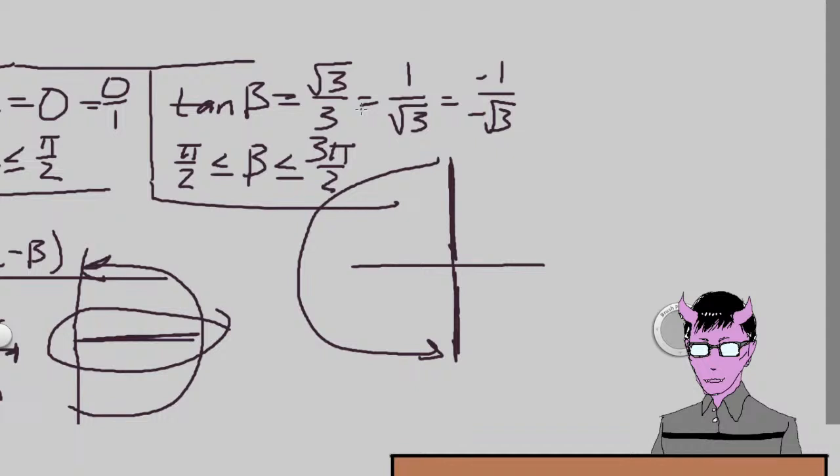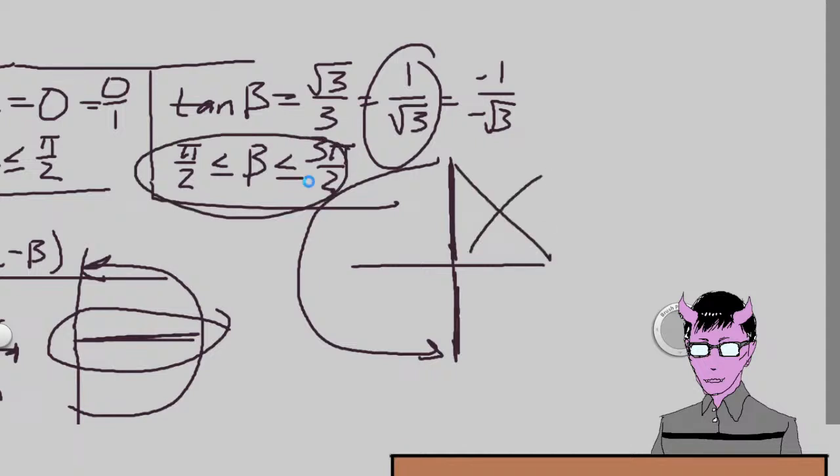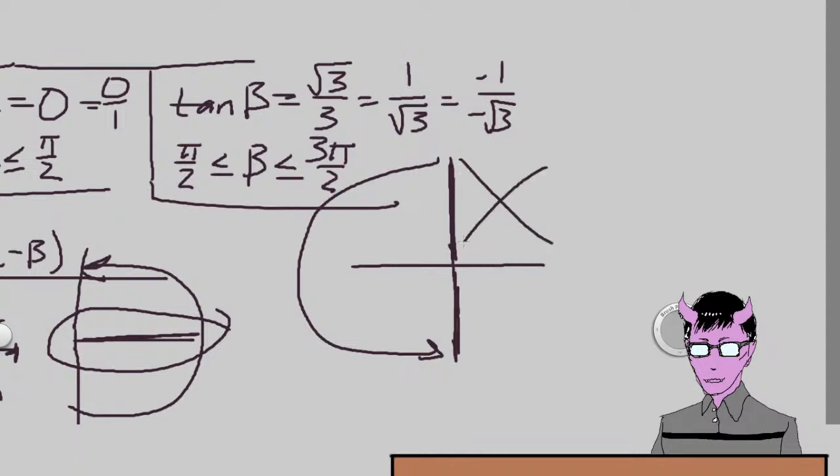We're dealing specifically with the tangent, so we need both signs to be the same. This one is in quadrant 1. We already ruled that out from the domain restrictions, so it must be in quadrant 3. So that's going to be a negative root 3 and then a negative 1 kind of situation.